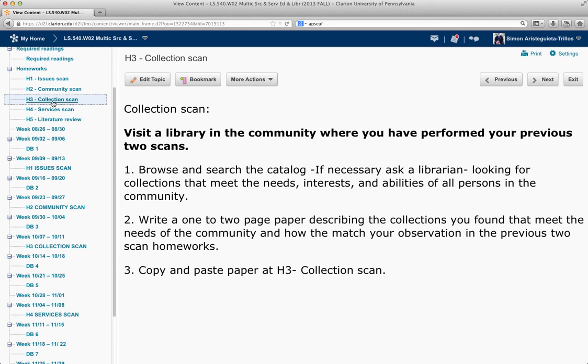Did they match the groups that you observe in your community? What about the collections? Do they have a collection that will serve the diversity of your community? Yes or no? Why? What do they have? Etc. Ask a librarian. Talk to a librarian, and then report back.